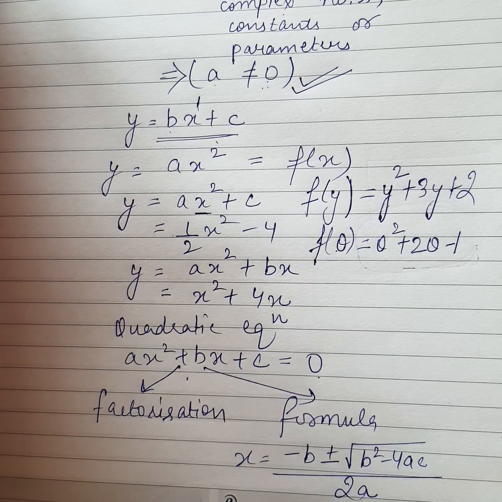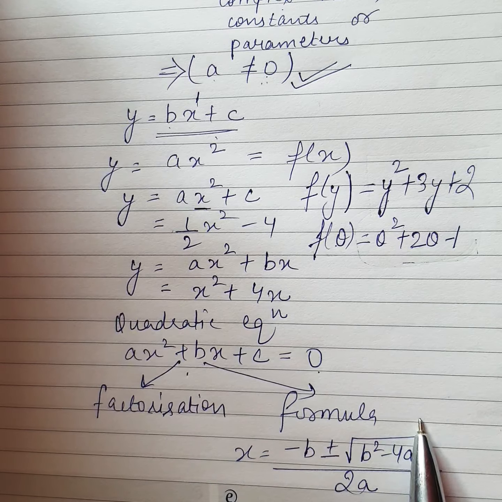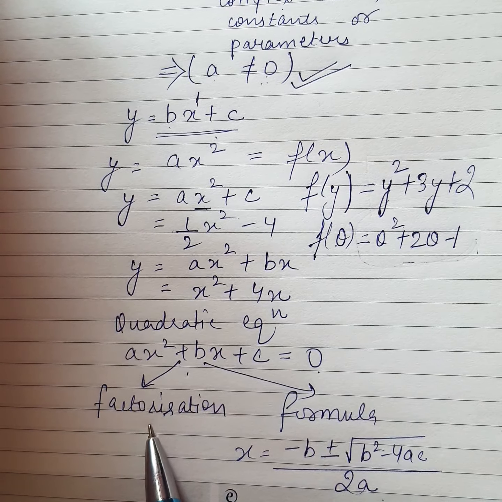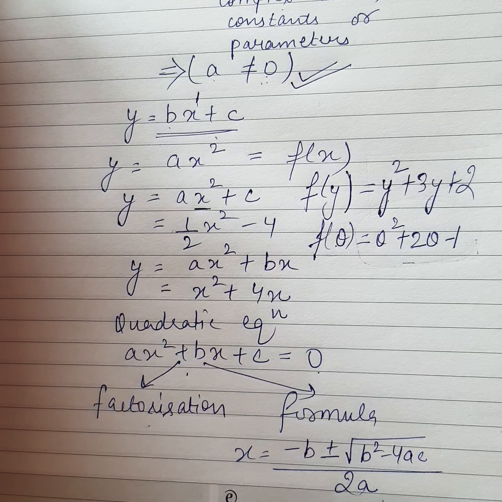In the first exercise, we are only going to solve quadratic equations either by the formula or by factorization. This you have already done in class 10, so we won't take much time. I will solve one question of the case of complex numbers. Real number cases you are already familiar with.